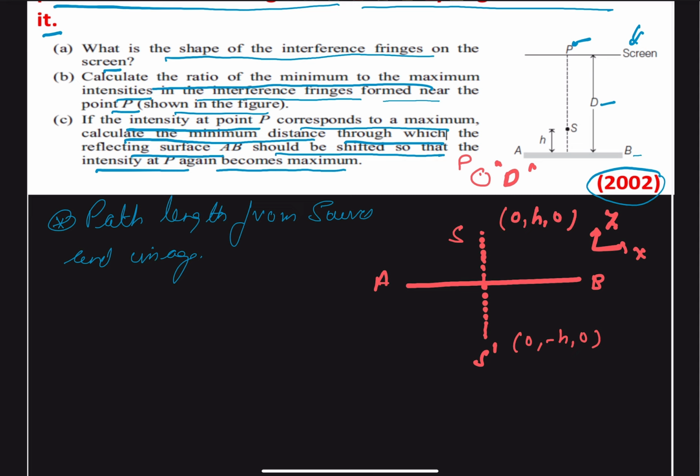So we are going to have two paths, and one will be the direct path from S and another will be the reflected path from S prime.